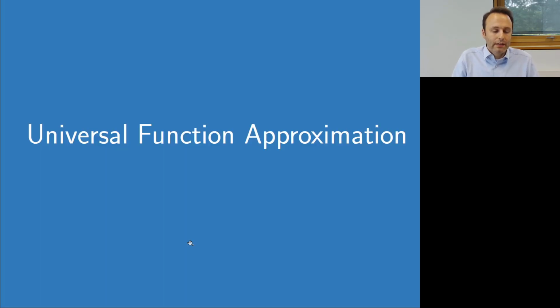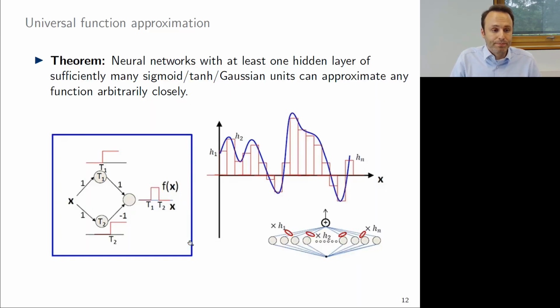So the really useful feature of neural networks is that they are universal function approximators. There's a theorem saying that neural networks with at least one hidden layer of sufficiently many sigmoid, hyperbolic tangent or Gaussian units can approximate any function arbitrarily closely, and this is great.